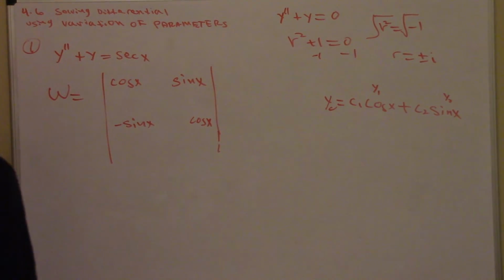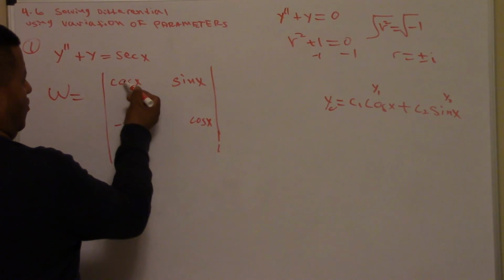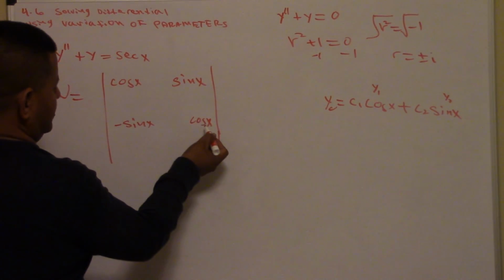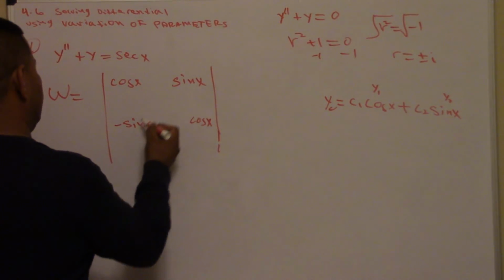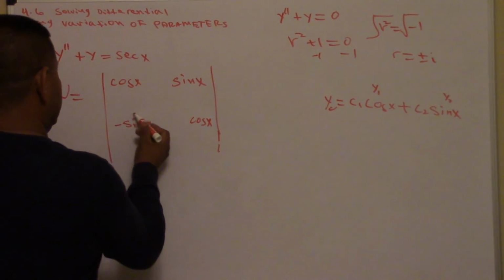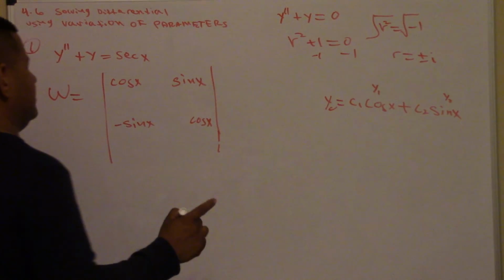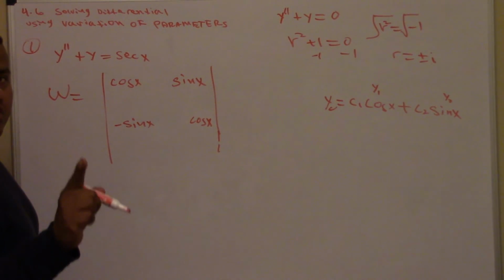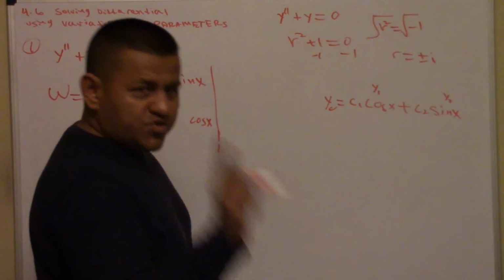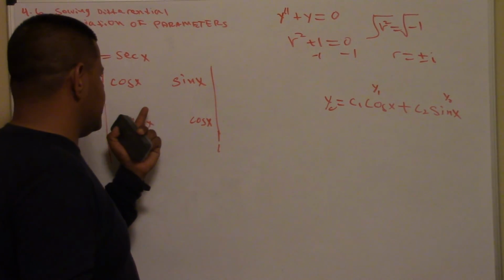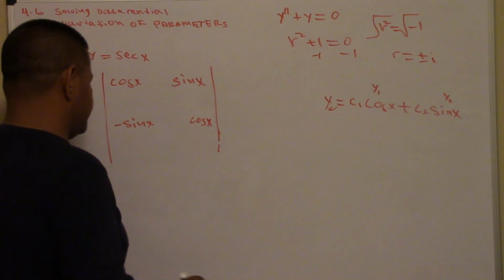Okay, now take the determinant. When I multiply cosine times cosine, it is cosine squared, and when I multiply negative sine times negative sine, it is negative sine squared. But remember that I am subtracting the negative sine squared, so that becomes a plus.